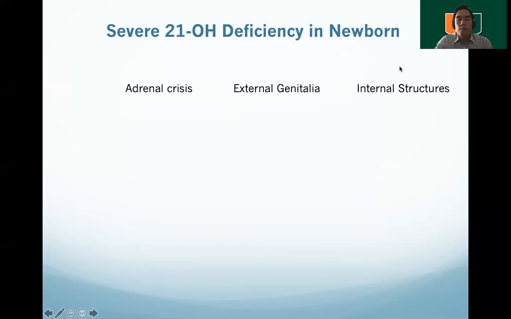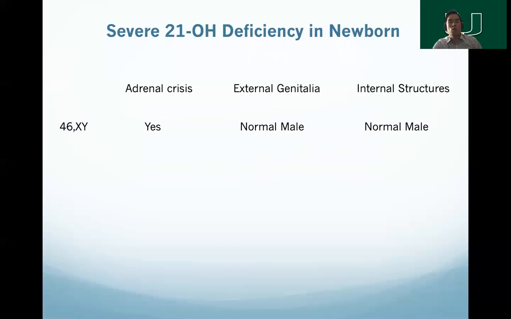So let's recap, right? If you have a newborn with severe 21-hydroxylase deficiency, in 46XY, I'm sorry, I mentioned 46X, it's 46XY, what happens with the adrenal function, external genitalia, and internal duct structure? Yes, they have adrenal crisis, right? They don't make enough cortisol and aldosterone.